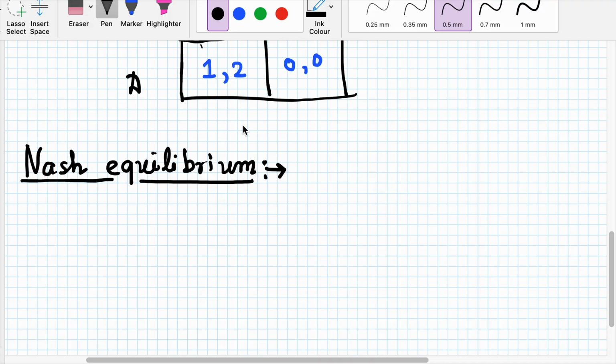Now Nash equilibrium is the situation that predicts or prescribes what a rational individual does.